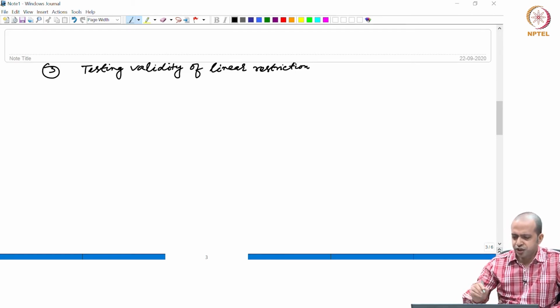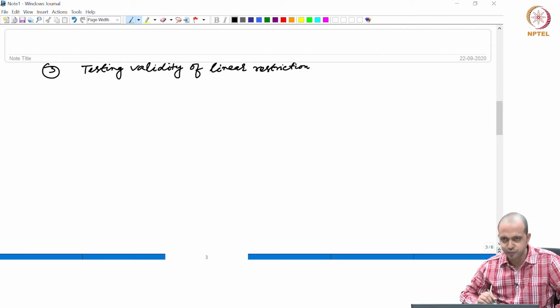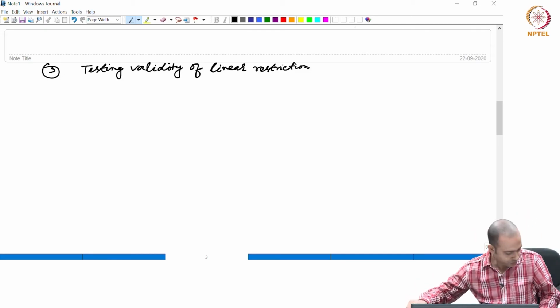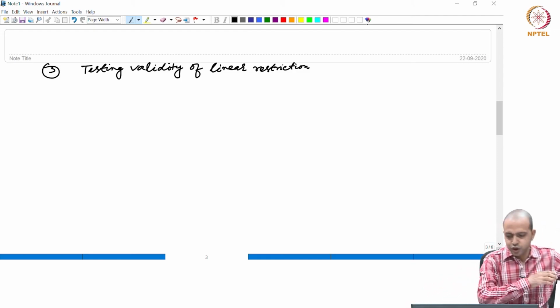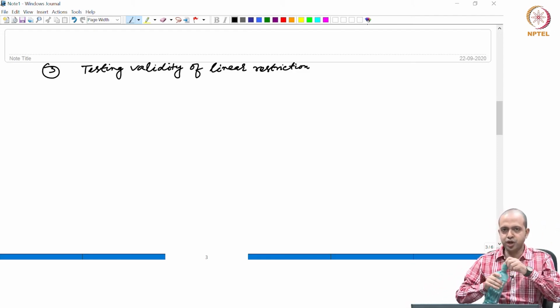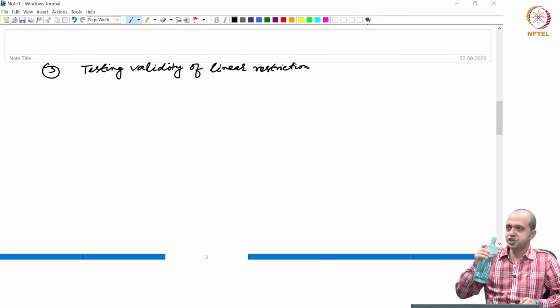This particular linear restriction we can discuss in the context of a production function, that would be better, it would be more meaningful. So, what I will do, I will take you to the production function that we were discussing yesterday.